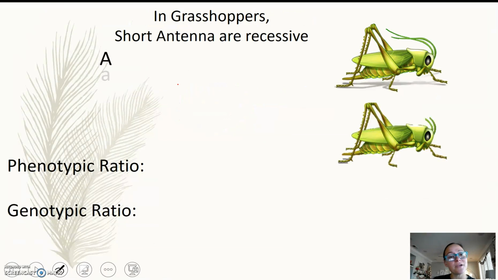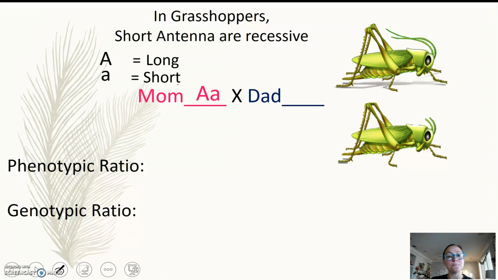Now in grasshoppers, short antennae are recessive. So then the opposite of short would be long. And so here you can see how I've written down capital A is long, lowercase a is short. And here I have a mom whose phenotype is long antenna and whose genotype is heterozygous, and a dad whose genotype is heterozygous, phenotype long antenna.